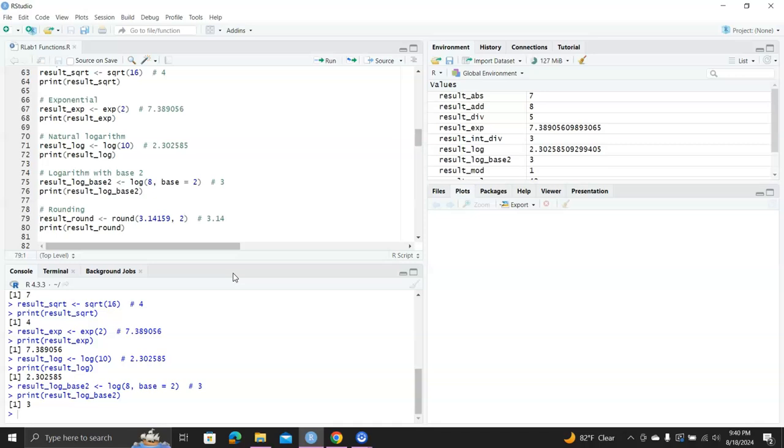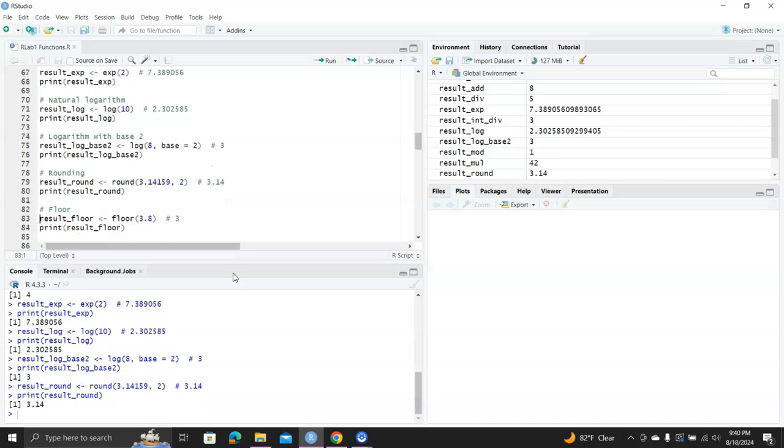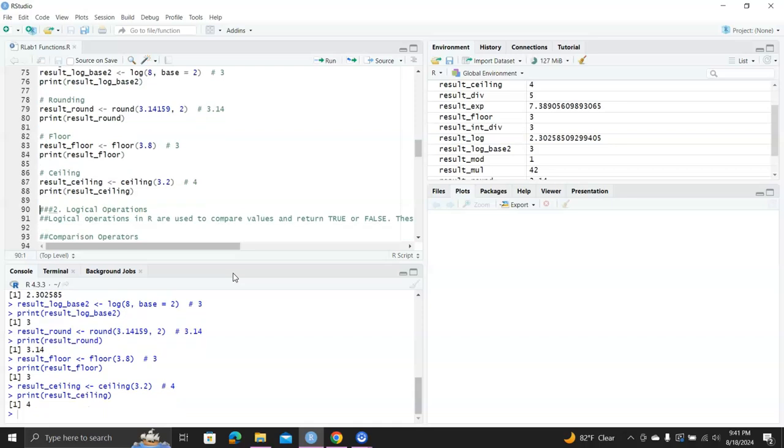Rounding, okay, so you got 3.14159, you want to round it to 2 digits, so it's 3.14. And if we want to find the floor, that's the largest integer smaller than 3.8, so that's 3. The ceiling, that's the smallest integer that's larger than 3.2, that's 4.